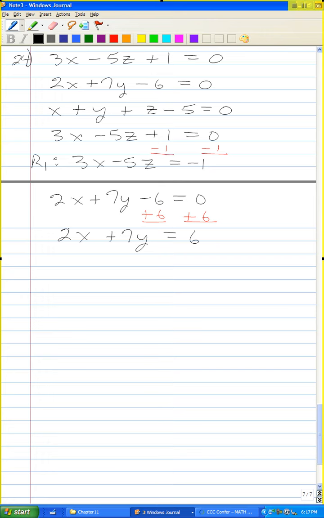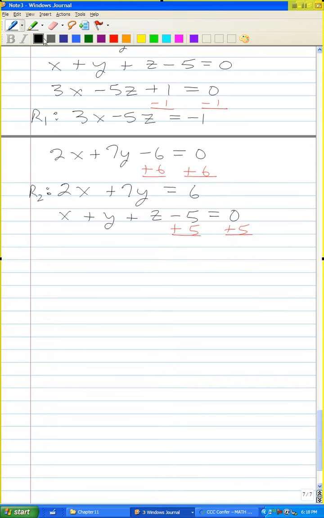So I'll call this R2. And lastly, let's take my last equation. And let me add 5 to both sides of my equation. And so x plus y plus z equals 5. So that's R3.